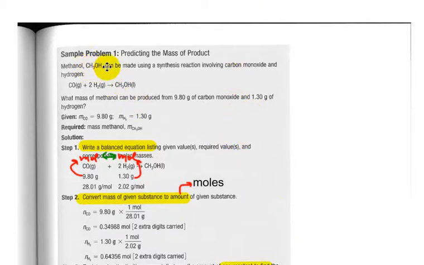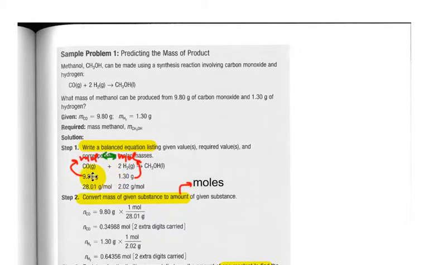So for example, here methanol can be made using the synthesis reaction of carbon monoxide and hydrogen. And it says what mass of methanol can be produced if we have 9.8 grams of carbon monoxide and 1.3 grams of hydrogen. Since they give it in grams, I usually write it underneath the equation, moles on top.